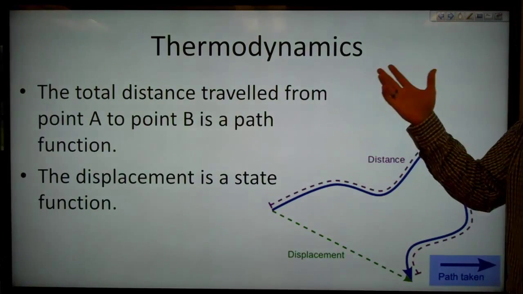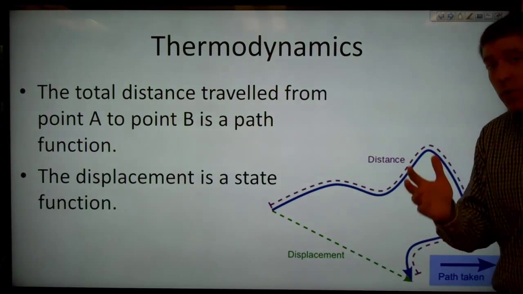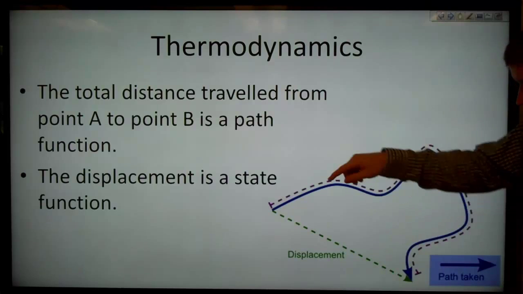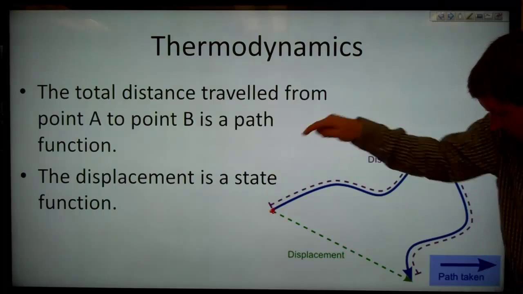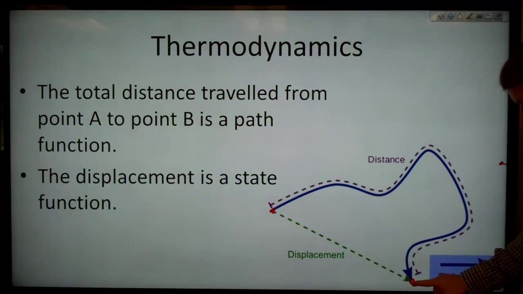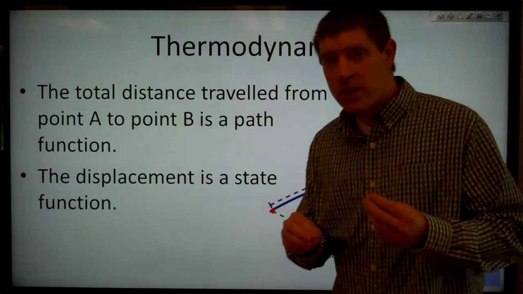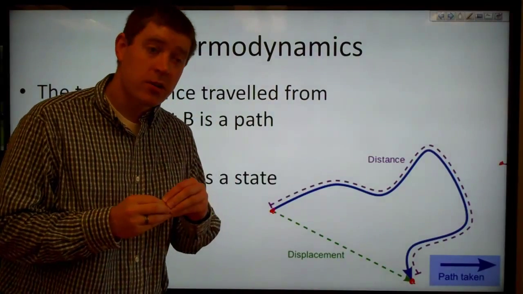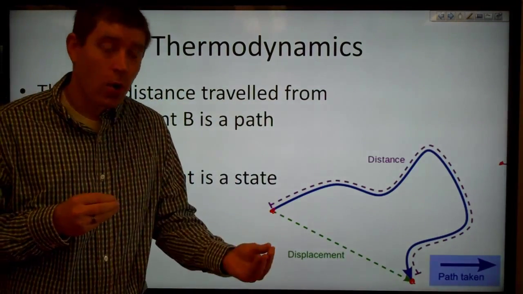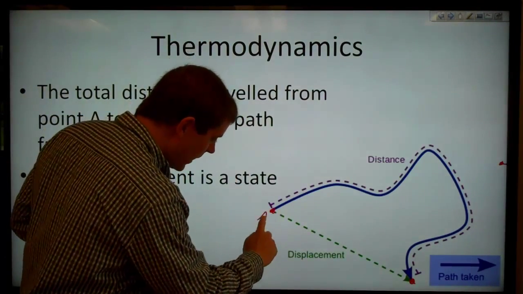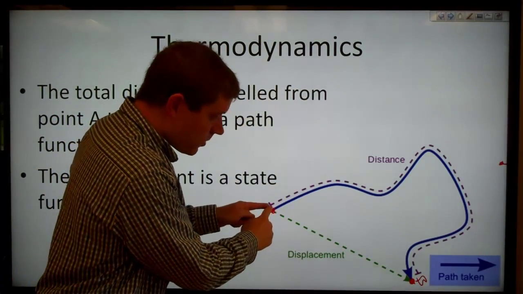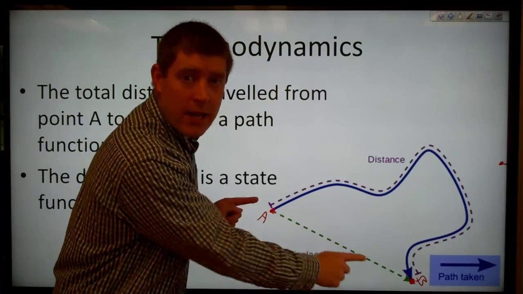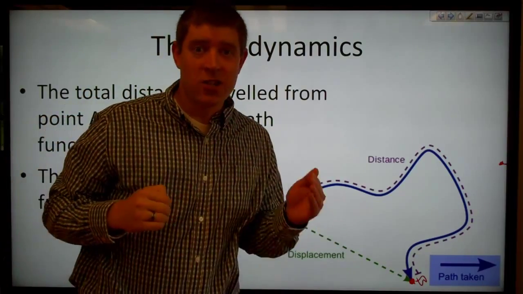So let's look at some more real-world examples maybe. If we start out here and we end up over there, the displacement that we undergo in moving from point A to point B is a straight line between point A and point B. The displacement is a state function.